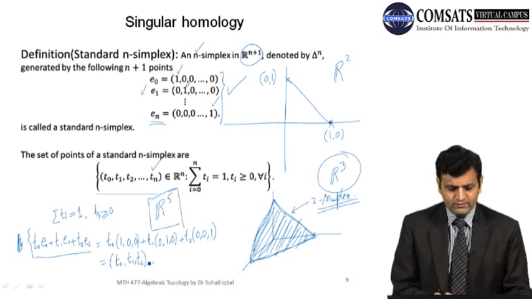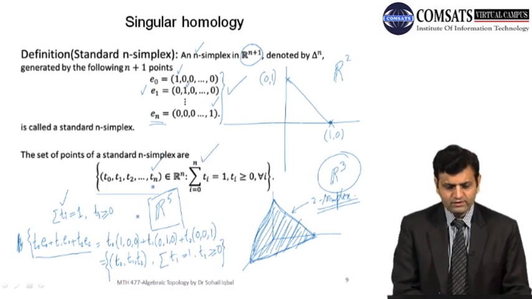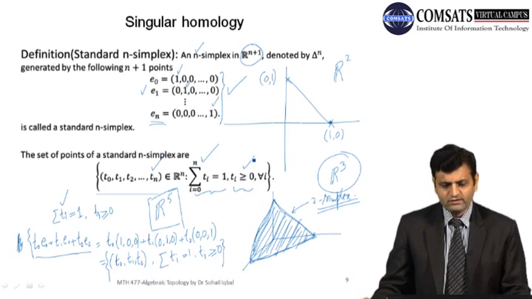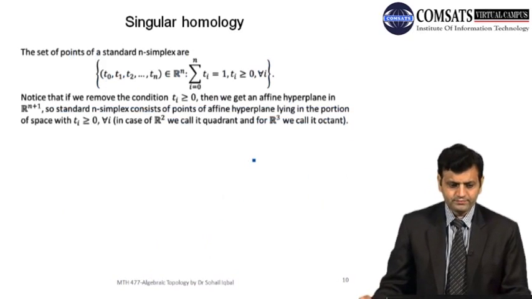So the standard n simplex has elements of the form (T0, T1, T2, ...), and the condition on the ti's remains the same: their sum is 1 and all the ti are greater than or equal to 0. So we can say that the elements of an n simplex in general are of this form, and that's the form of elements of a standard n simplex.